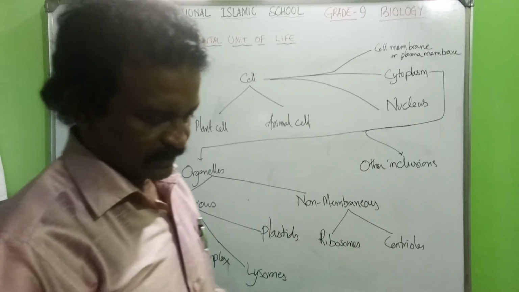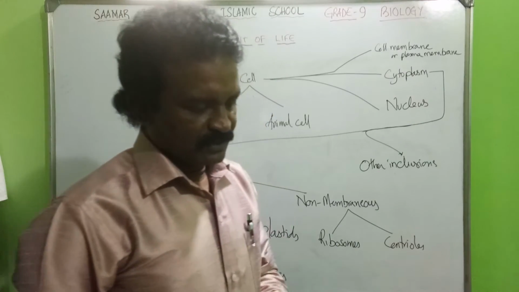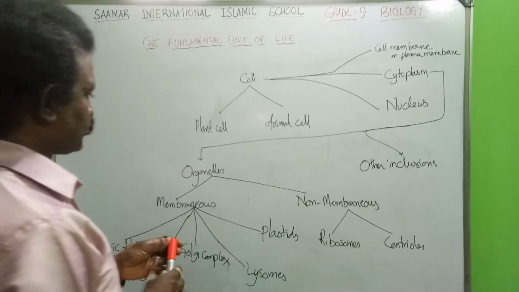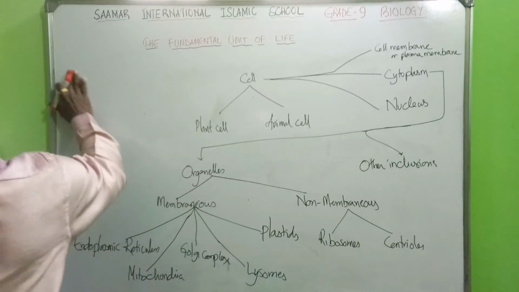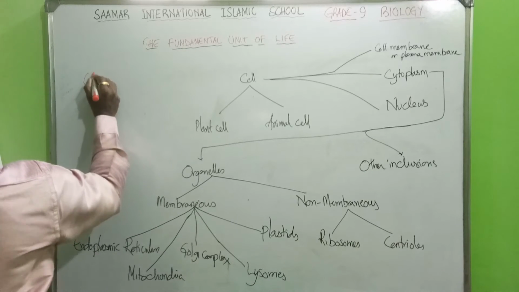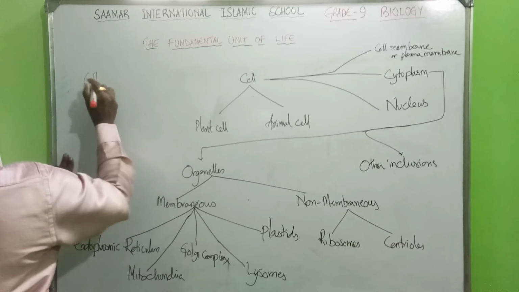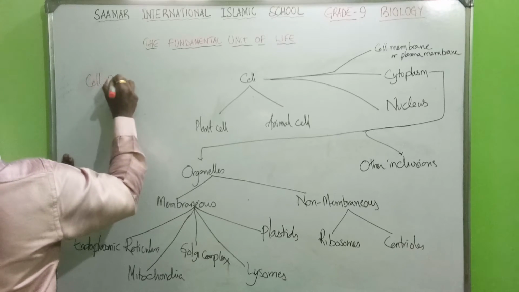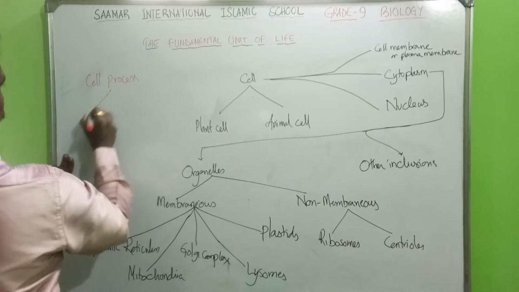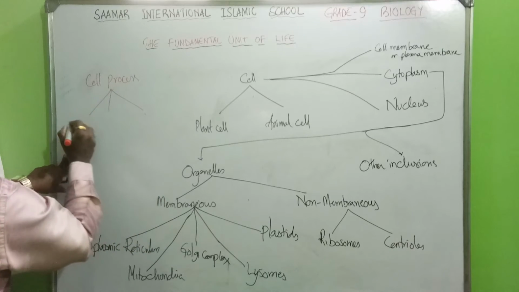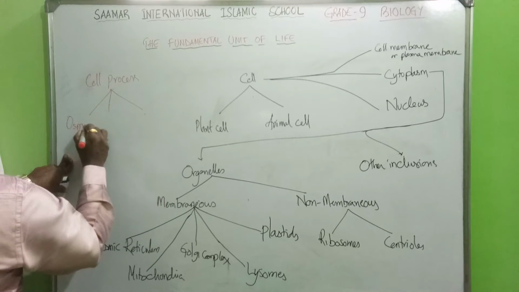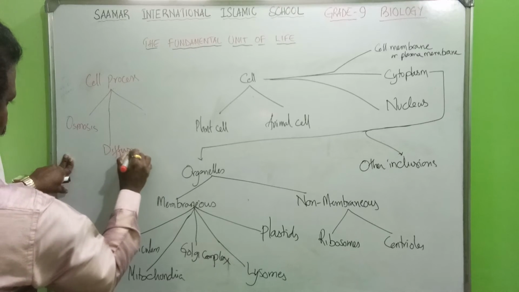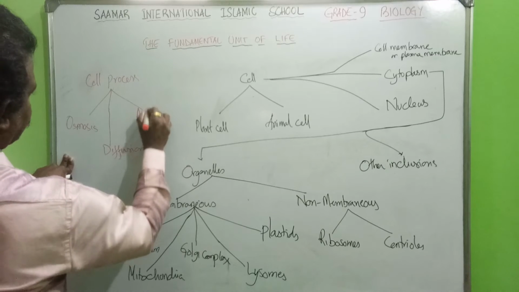Is it clear? Now, when you come under cell process, what we study under cell process is osmosis, diffusion, and active transport.